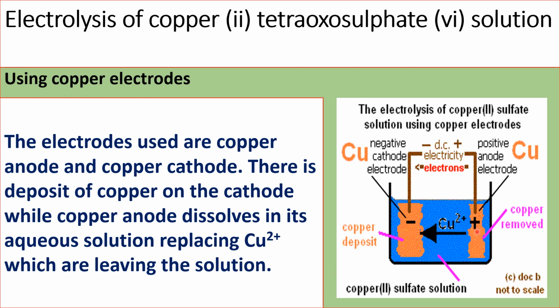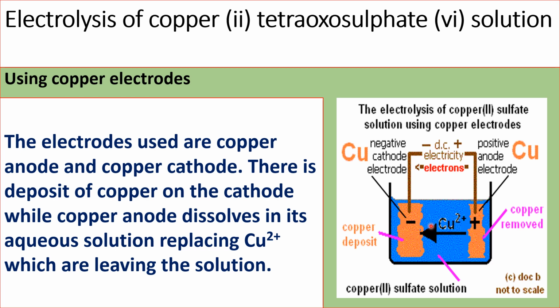Copper electrodes are immersed in their aqueous solution, and after some time the anode begins to dissolve in this solution, and as it dissolves it forms a layer on the cathode. So copper anode is dissolving and coming to the cathode to form layers on it.